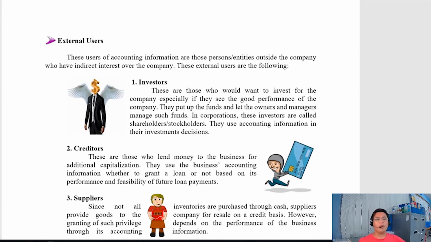So we make utang, we make credit to our suppliers, and of course, the suppliers have to assess your financial standing and your performance, whether you can pay off your debt. Of course, they would not extend credit to you if your company is losing, right? So they have to assess also using your financial statements whether you could pay a certain sum of money come at a time that your liability becomes due and demandable.